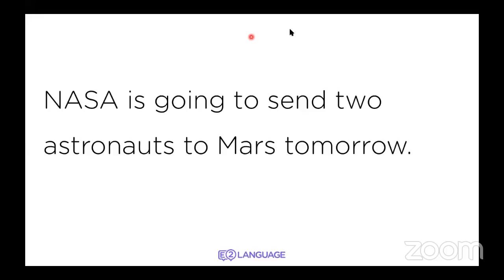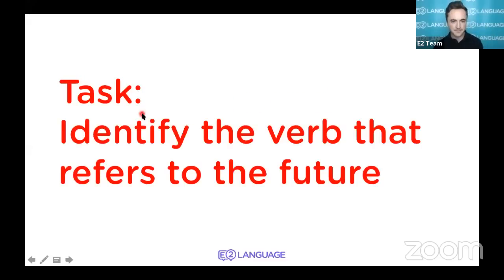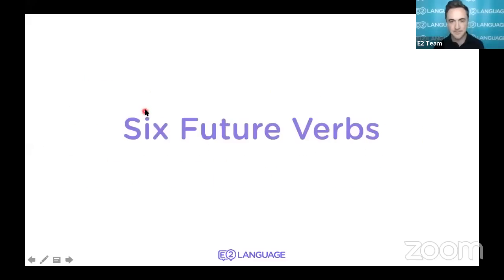It's very much used in conversation, not really for writing. It's typically informal, used when you are speaking to somebody. I'm going to tell you about verbs. So, is going to send is the verb that refers to the future. Again, it's sort of present, but don't worry about this one.